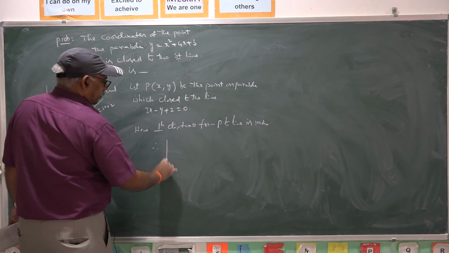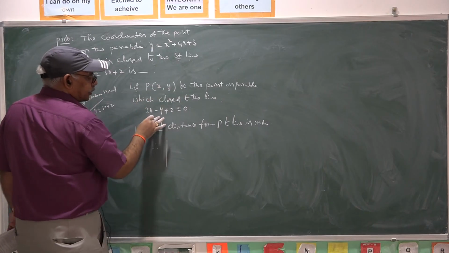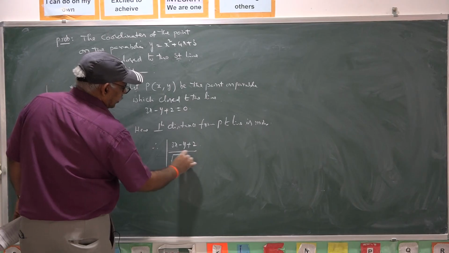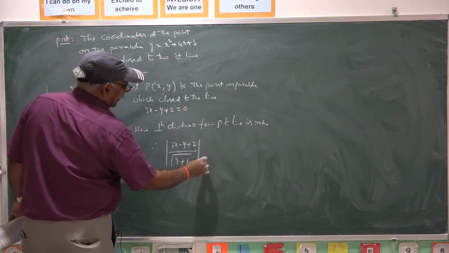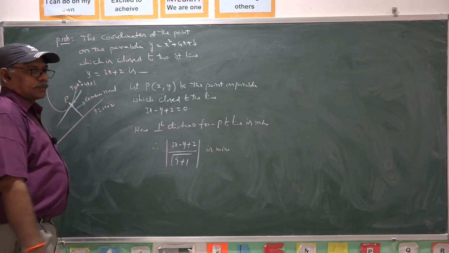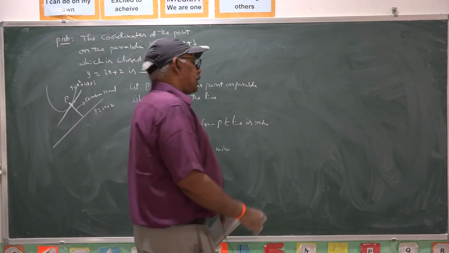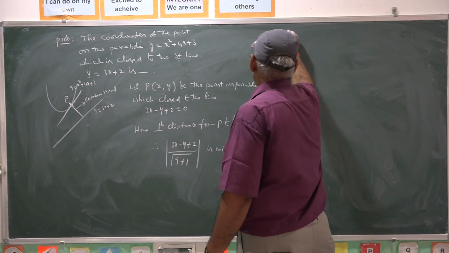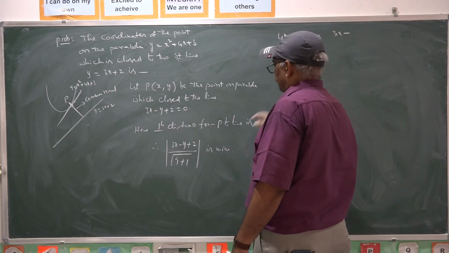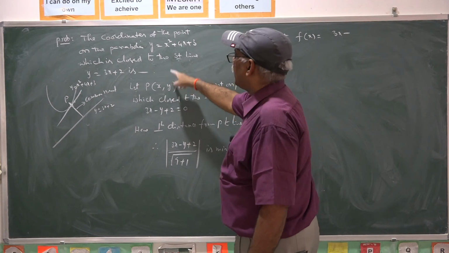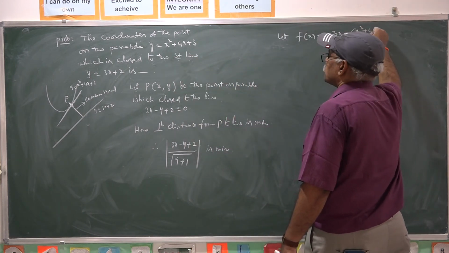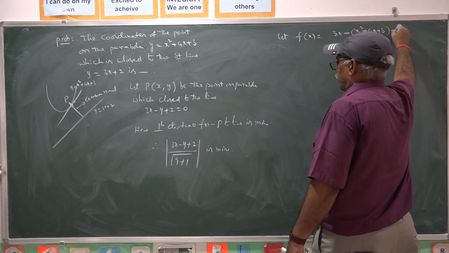Therefore, the perpendicular distance from the general point to this line is |3x minus y plus 2| by root over 9 plus 1, which should be minimum. To minimize this, let f(x) equal |3x minus y plus 2| by root 10, and because (x, y) lies on the parabola, you can replace y with x square plus 4x plus 3.